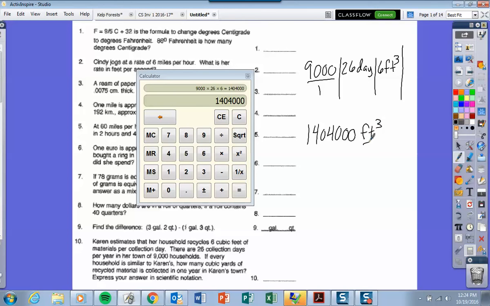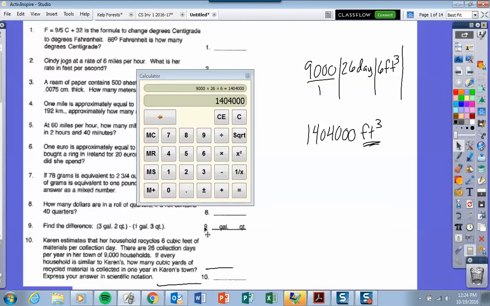Now, it's asking for it to be in cubic yards and in scientific notation. So in order to do that, I need to set up a proportion, and so I'm going to move this over a little bit.